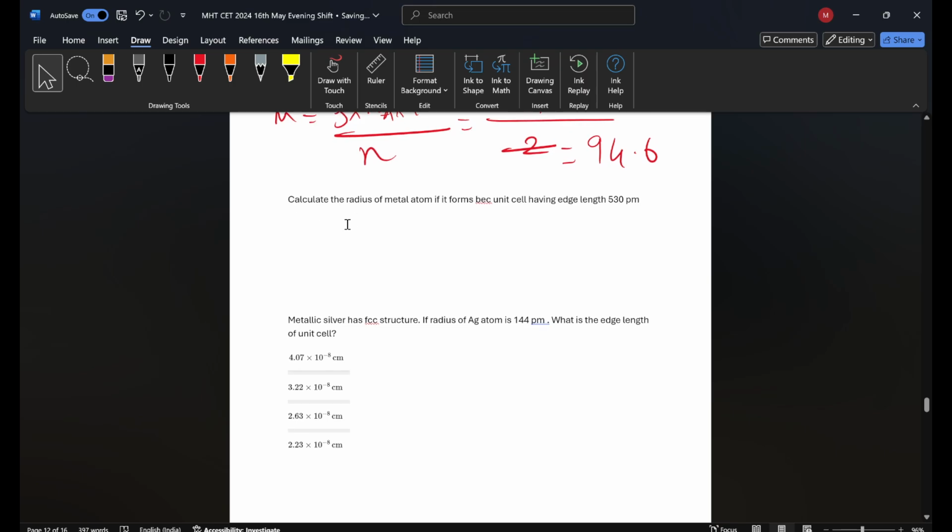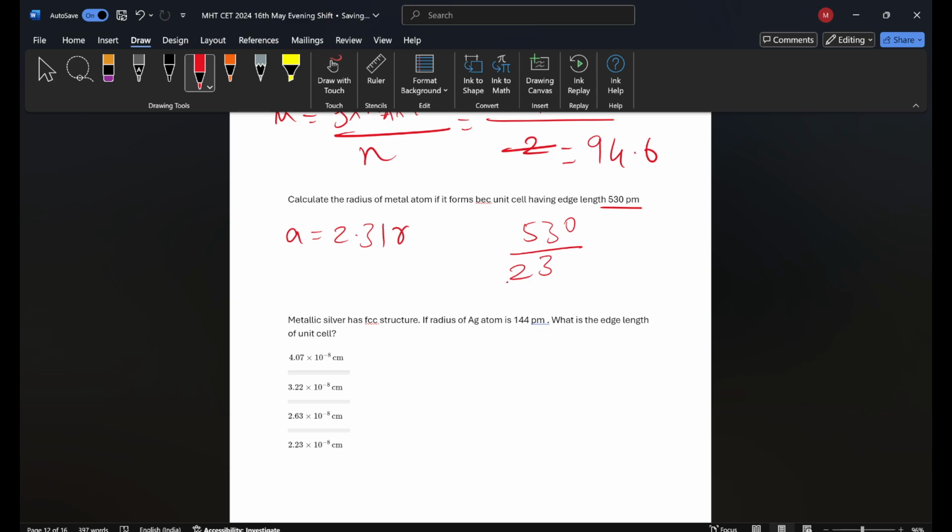Calculate the radius of metal atom if it forms BCC unit cell. Radius we are supposed to calculate in BCC. A is equal to 2.31 R. Edge length is 530. So we are just 530 by 230.